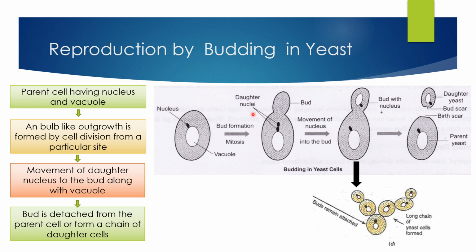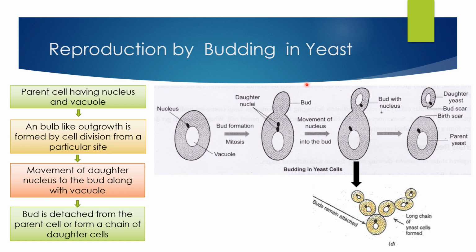After that, one daughter nucleus along with the vacuole moves towards the forming bud. When the nucleus and vacuole move to the bud, it detaches from the parent yeast, or it remains attached to the parent and forms a chain-like structure. Okay, as in this case a bud is formed, it is known as budding.